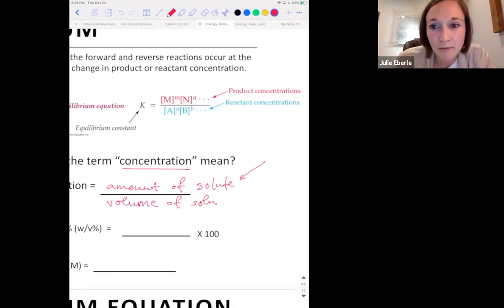Anybody make Country Time? Country Time's the best, right? Country Time is way better than Kool-Aid, right? Well, if you're making lemonade, that powder that you start out with, the Country Time powder, that would be like your solute. And you dissolve it in water and together you have a solution of lemonade, okay? Anybody ever had really bad lemonade before?